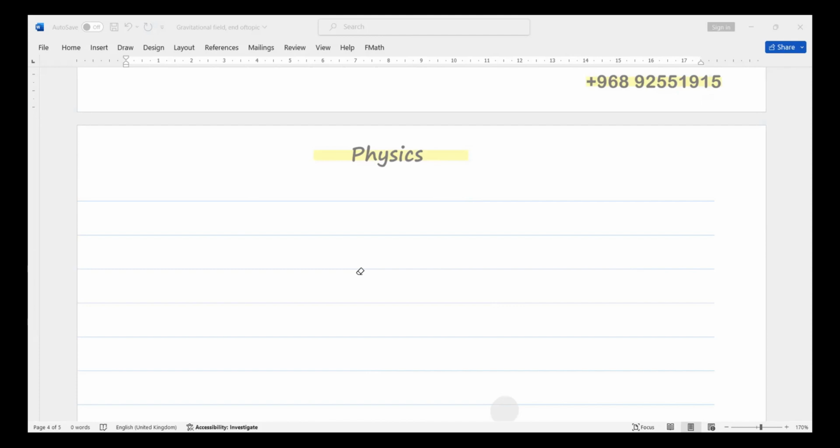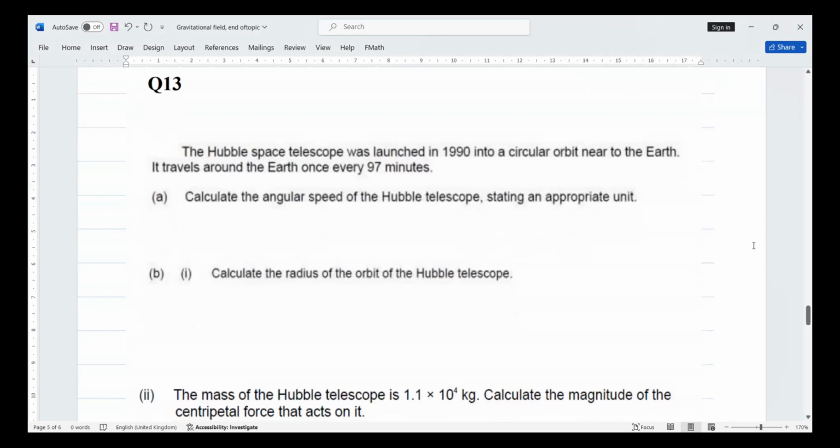Just I take a copy of this one. Okay, Shabab, so this is question number 13. Read the question with me, please.